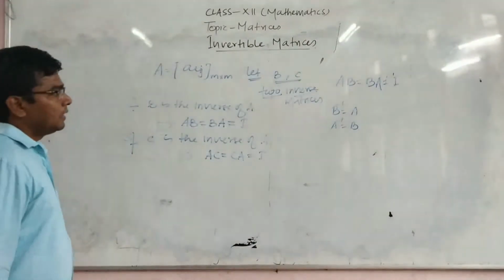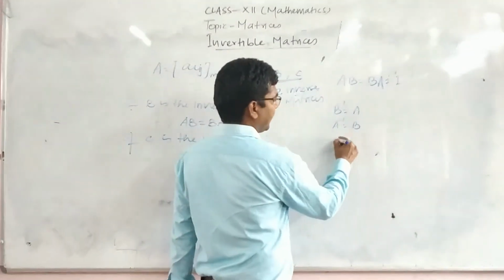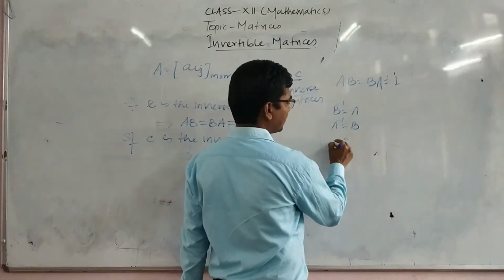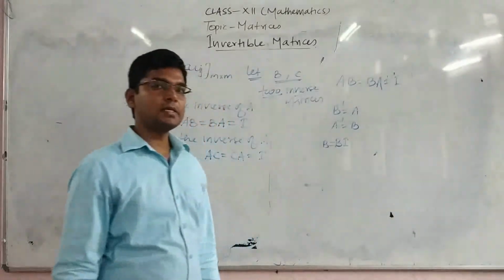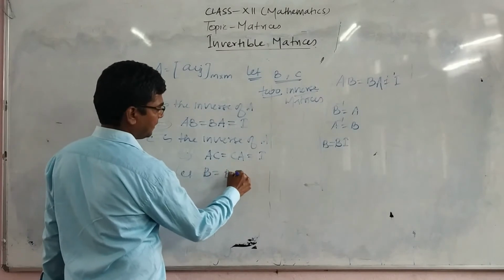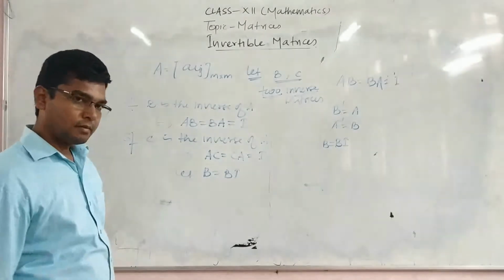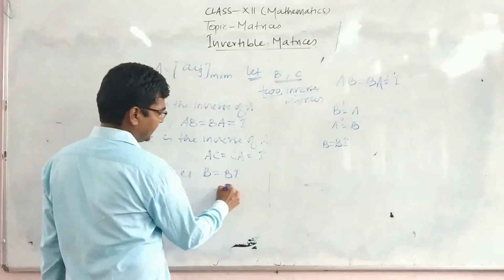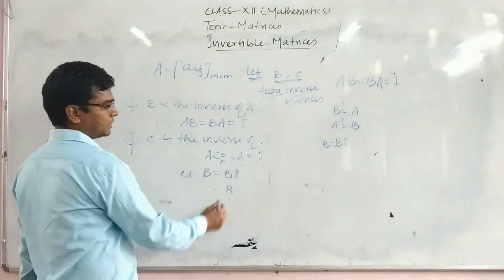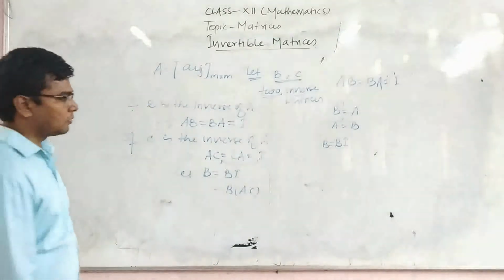Now we know that if you multiply any matrix by the identity matrix, we are going to get the same matrix. Yes or no? So let B is equal to B into identity matrix, right? And our identity matrix is equal to A into C or C into A. So I am taking A into C. Yes or no?